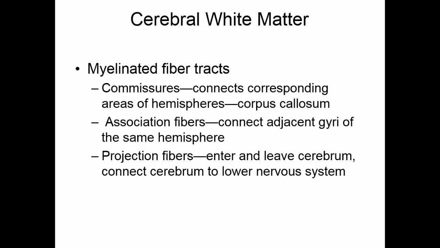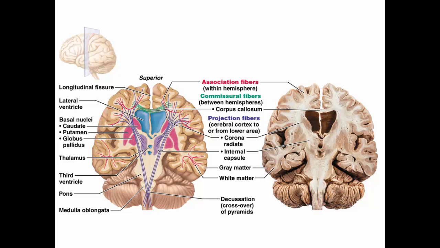They help connect the cerebrum to the lower nervous system. So your association fibers, adjacent gyri, are connected. The commissural fibers connect the right and the left hemispheres, and the projection fibers leave the brain. They come from the cerebrum and come down the spinal cord. Here you can see the gray matter on the outside. This would be the cortex, and here's the white matter with those various fibers in it.